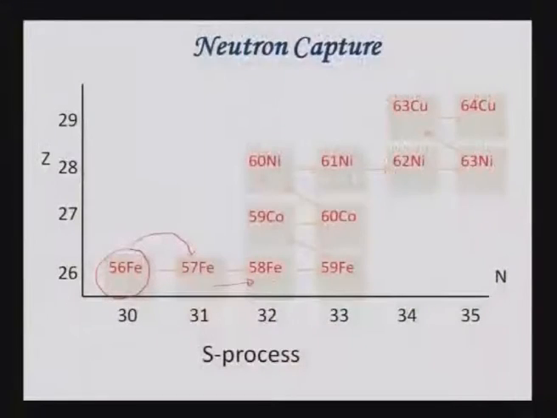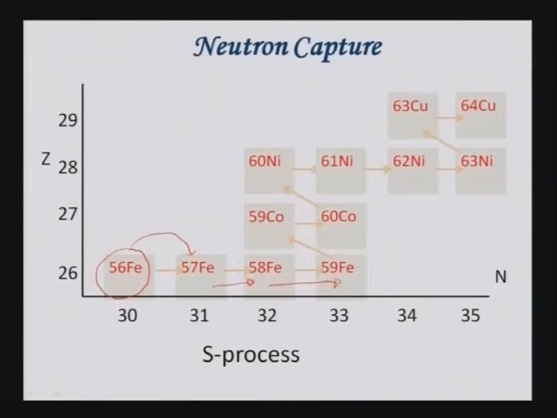Once it is formed, it will stay there, and then again after many years a neutron is produced there, and that goes into iron-58, and that makes it iron-59.